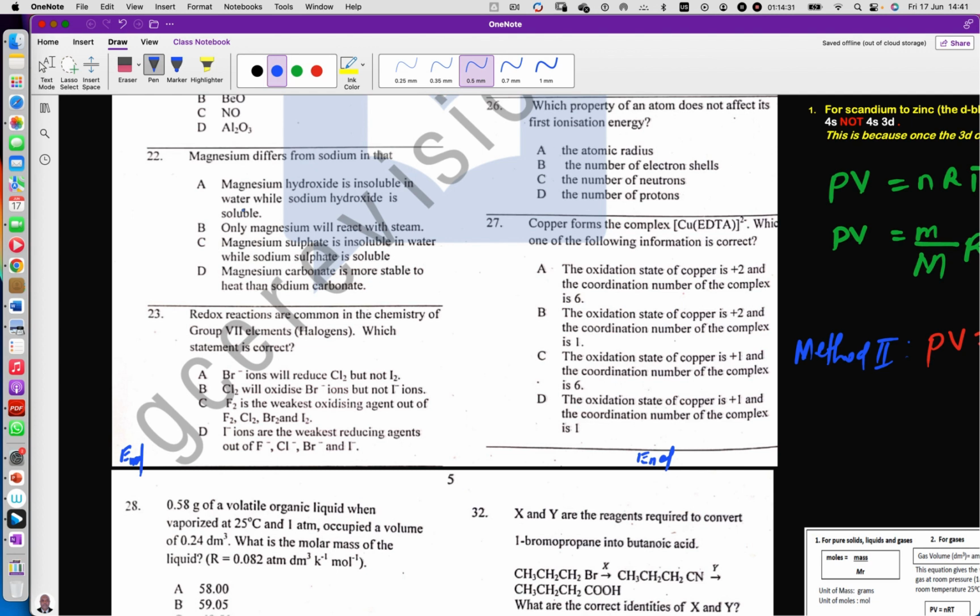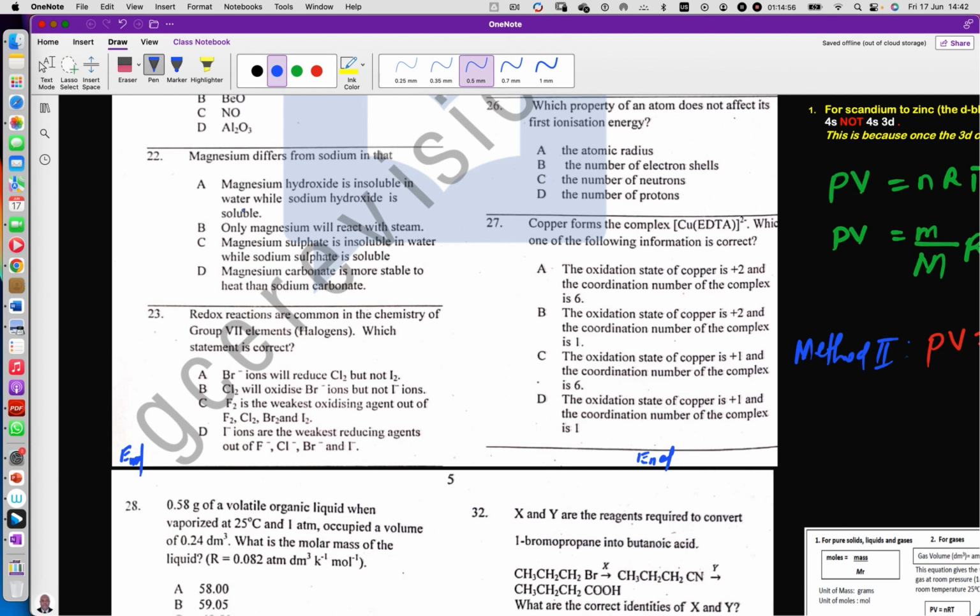Remember, the solubility of group 2 hydroxides increases down the group, implying that magnesium hydroxide is the insoluble hydroxide. So the answer for question number 22 is A.